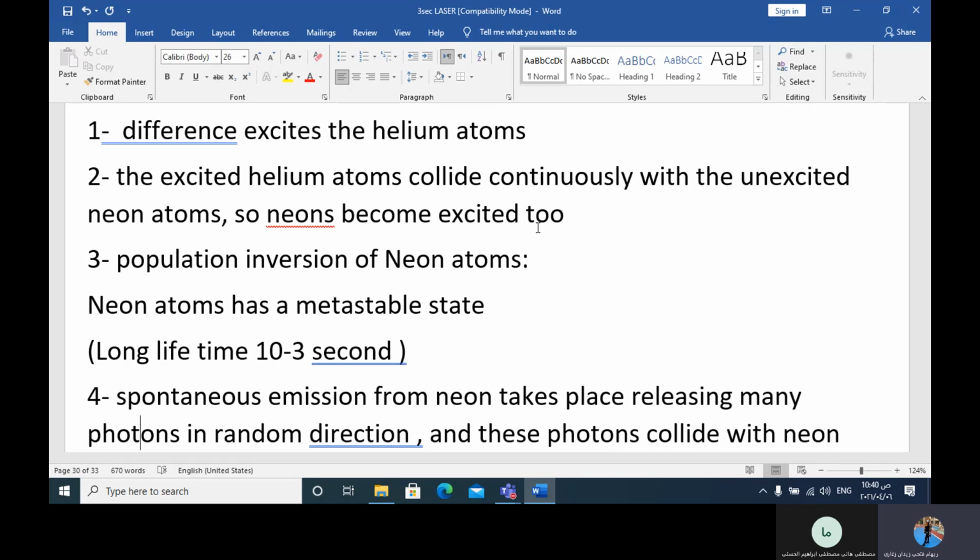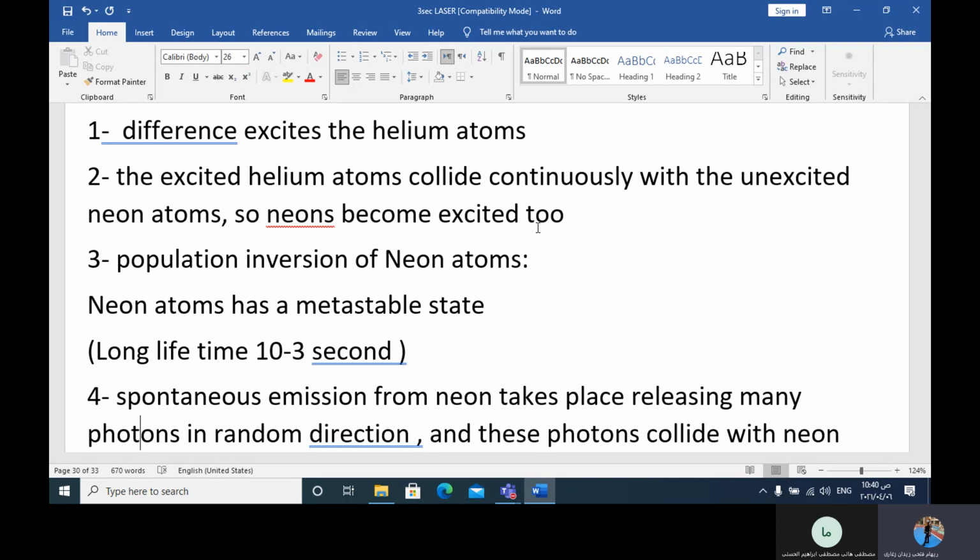Now, what we mean by metastable state, it means simply, we know from the last lesson that the lifetime, which is the time taken for atoms to transfer from the excited state and return back to its normal state, is 10 to the power of -8 of a second, which is a very small time.